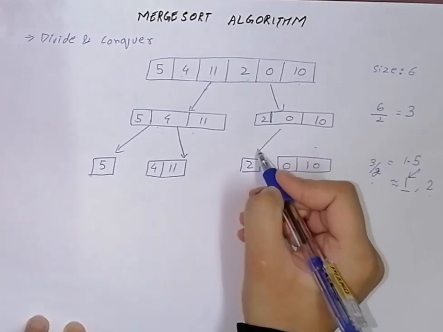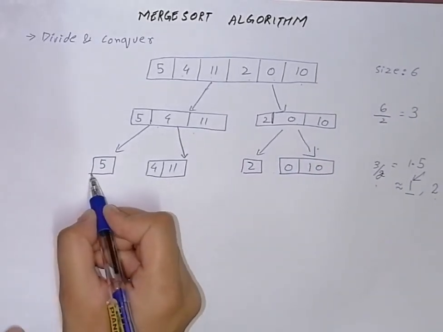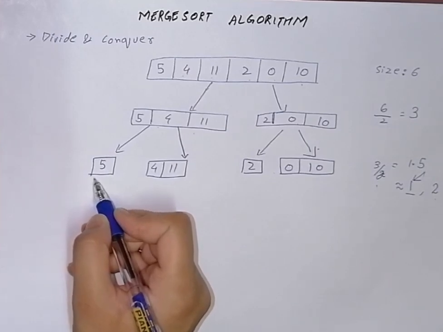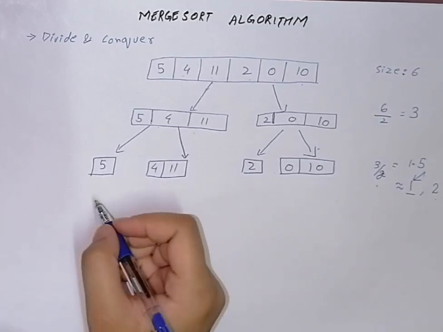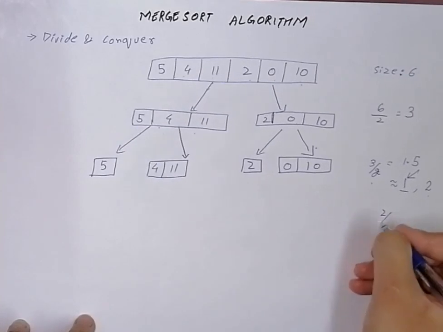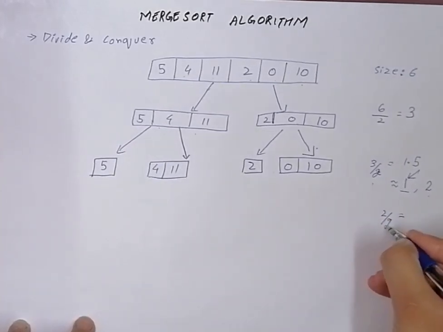So this part is also split into two parts. And now here you can see this is one element, its size is 1. I cannot further split it, so we will stop here. I don't split it again, but here the size is 2, so size divided by 2, 2 divided by 2, is 1.